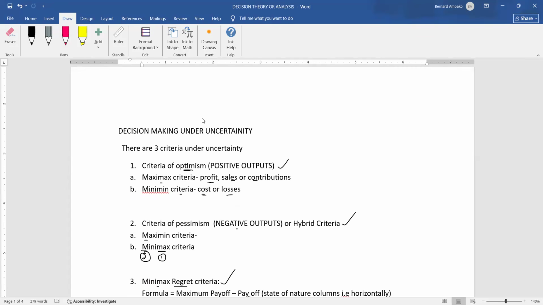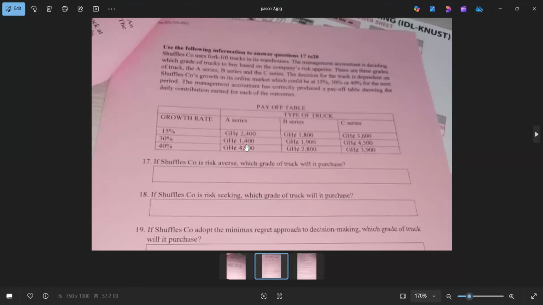Okay, so let's go. Under A series, what is the minimum? 1,004. B series, what is the minimum? 1,008. 1,900. Minimum, 1,800. 1,008. And then C series, 3,006. 3,600.